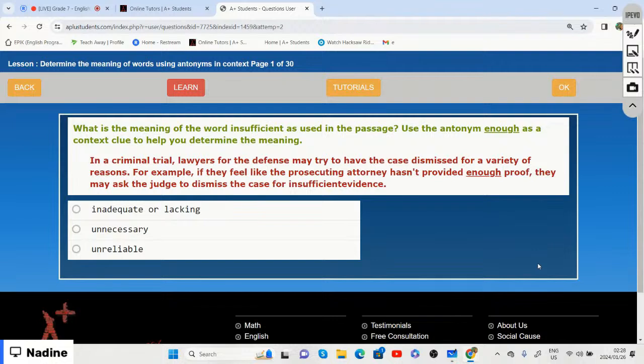So now we need to look at the word enough, right? We need to use the antonym enough as a context clue to help determine the meaning of enough. Is it inadequate or lacking, unnecessary or unreliable?